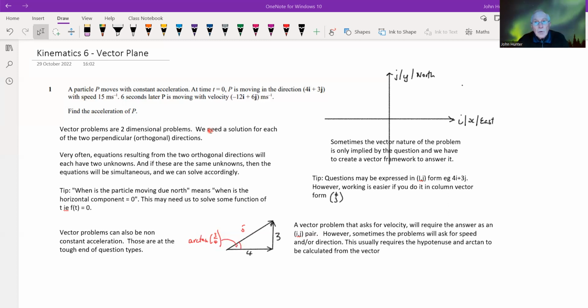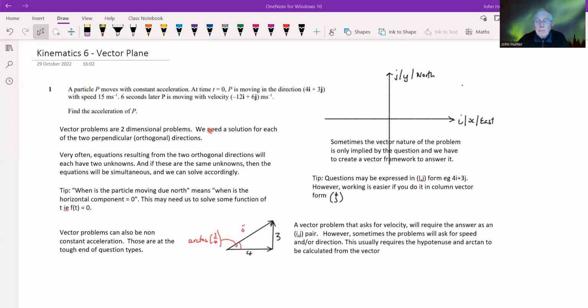Sometimes, though, we've talked about simultaneous equations before, and I think I mentioned at the time that problems in the vector plane can actually give rise to simultaneous equations, because there may be parameters describing our motion which we have to find out, and sometimes there may be 2 unknowns in each direction.